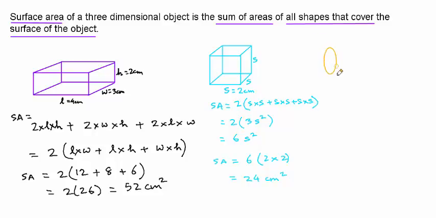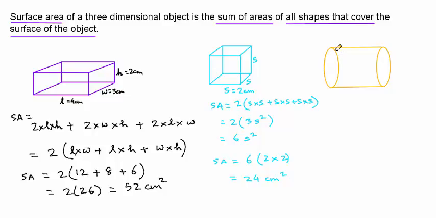A cylinder is a prism with circular ends.